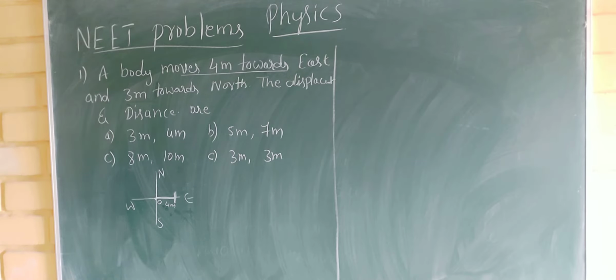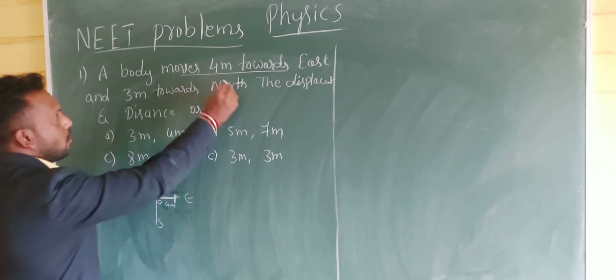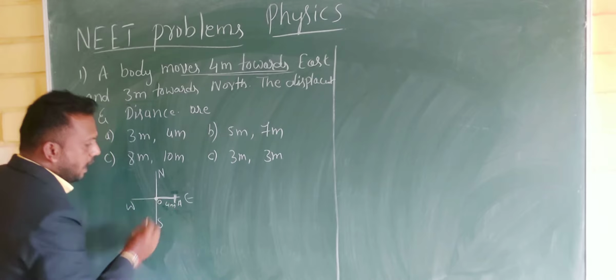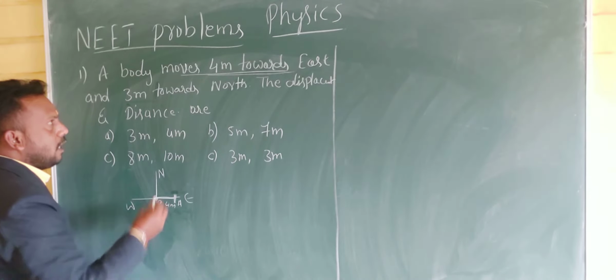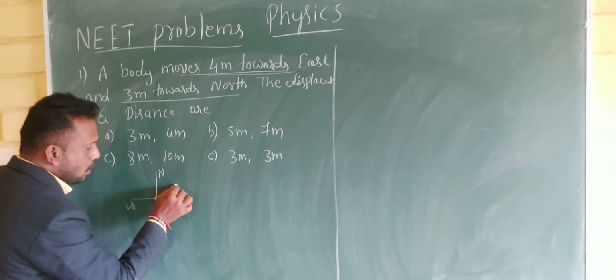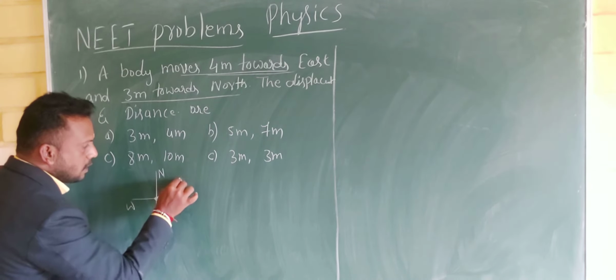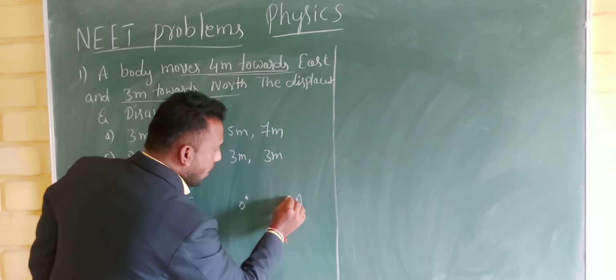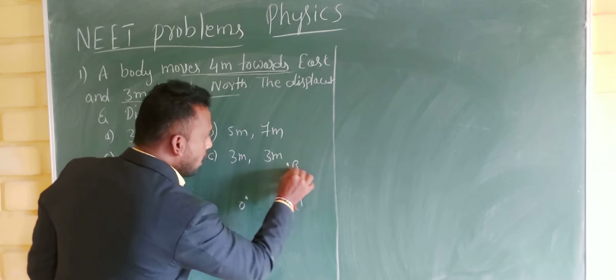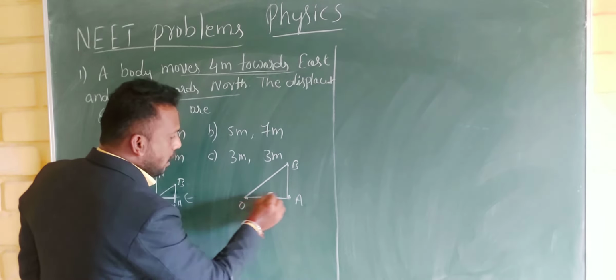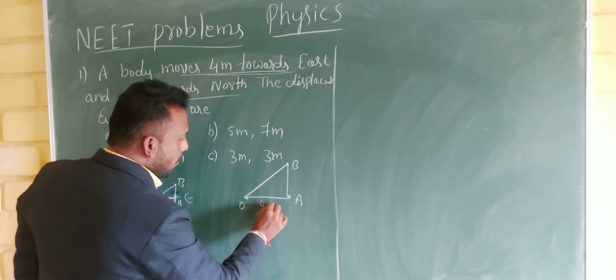From point O the body moves 4 meter towards east. That point is A. Then it moves 3 meter towards north. This is point B. From point O to point A is 4 meter.